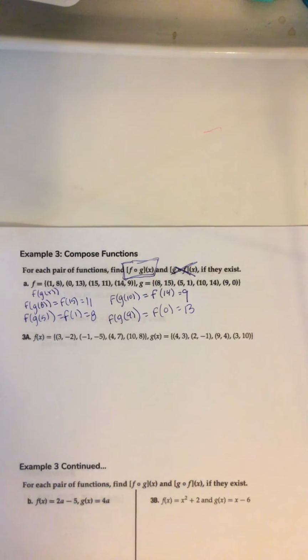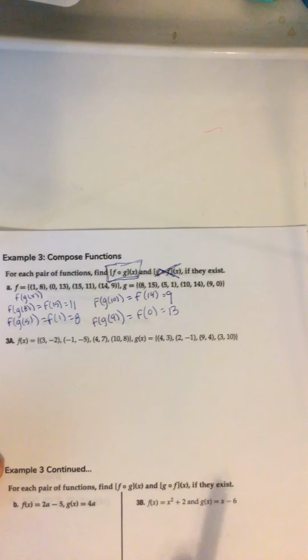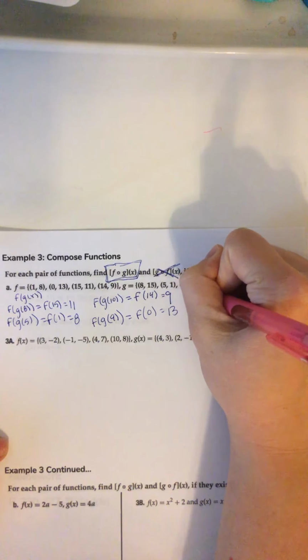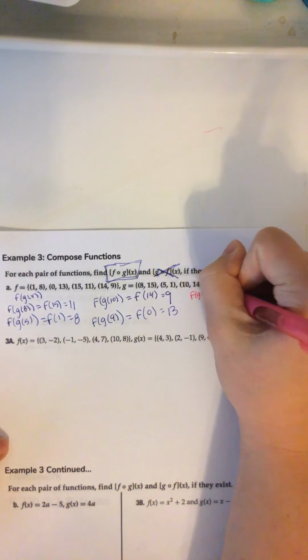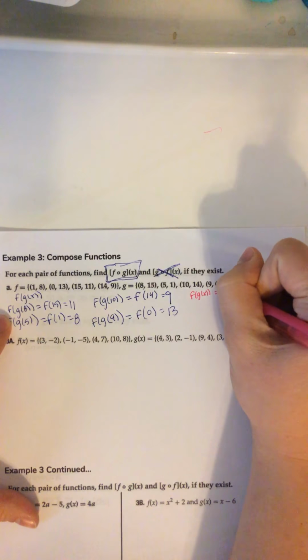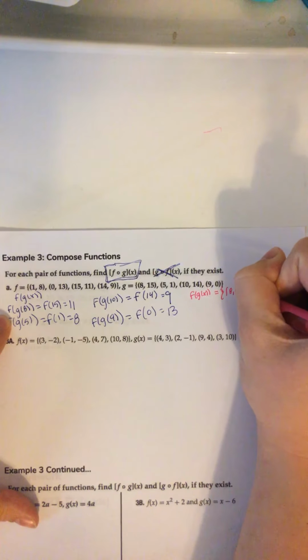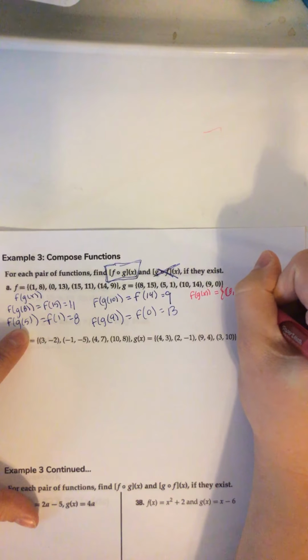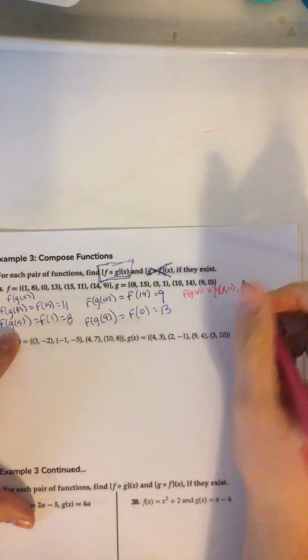So our final answer would be that f of g of x equals, well, we would have 8 comma 11, right? We would also have 5 comma 8.